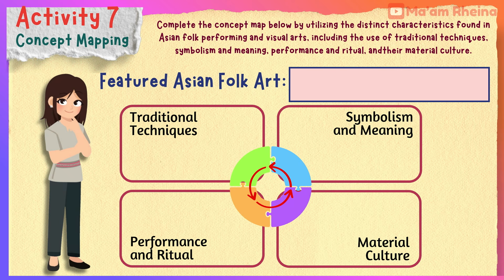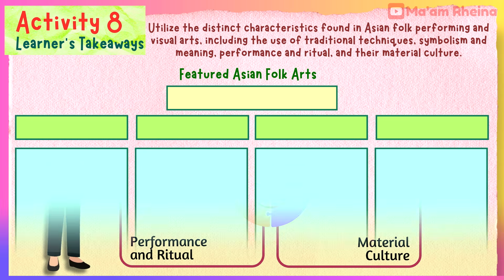This is your chance to organize everything you've learned into one big picture. So sharpen your minds, connect the ideas, and show how these unique elements all fit together in the world of Asian folk arts.